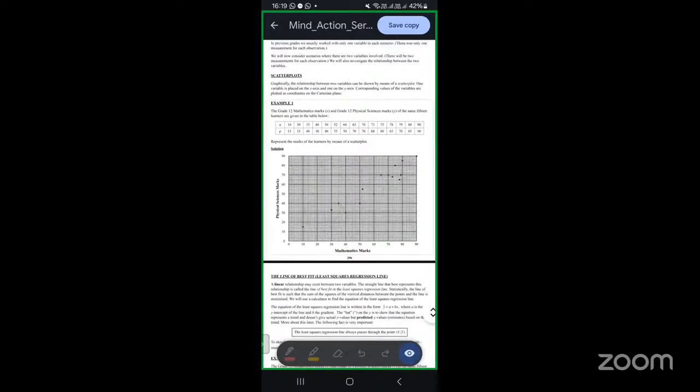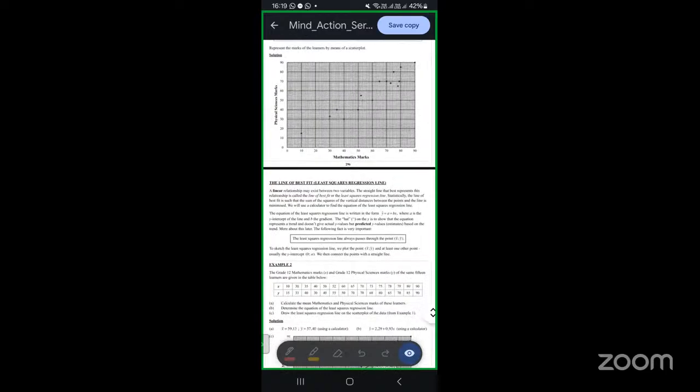And then they are saying a linear relationship may exist between two variables. The straight line that best represents this relationship is called the line of best fit, or the least square regression line. Statistically, maybe someone from physics can come and disagree with our point.